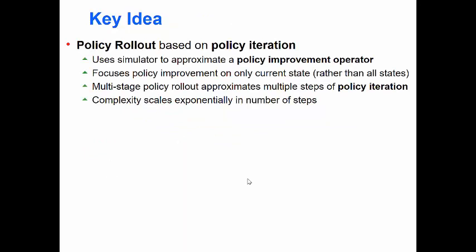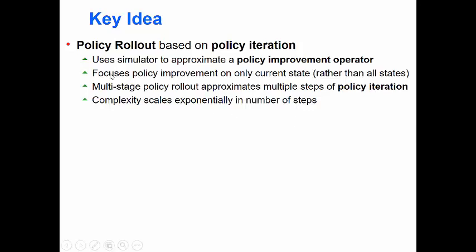So the key idea. If we remember, policy rollout was based on policy iteration, right? We basically used the simulator to approximate a policy improvement operator. Policy improvement is just computing the Q function and taking the action that maximizes it. We used the simulator to do that at a particular state, as opposed to policy iteration, which does that for all states.